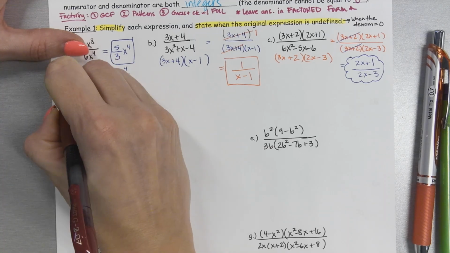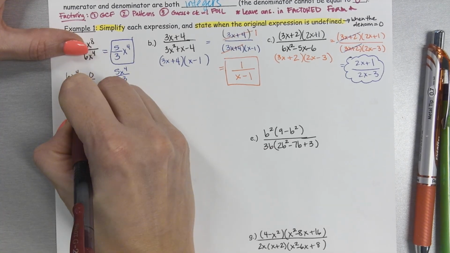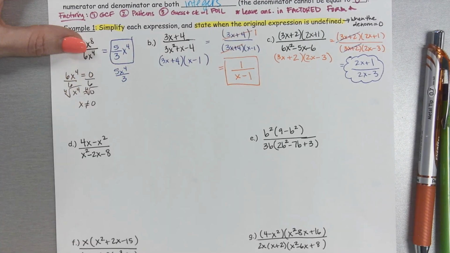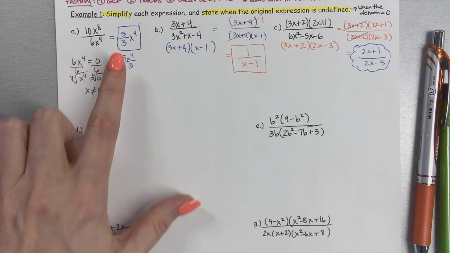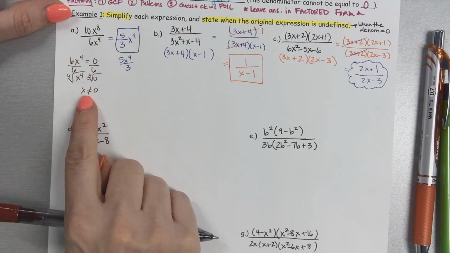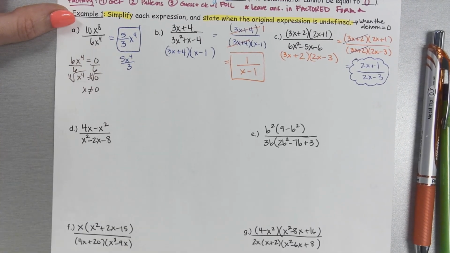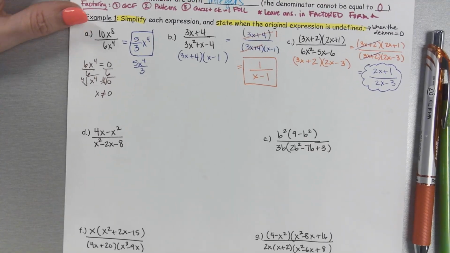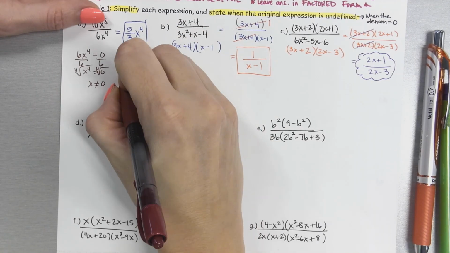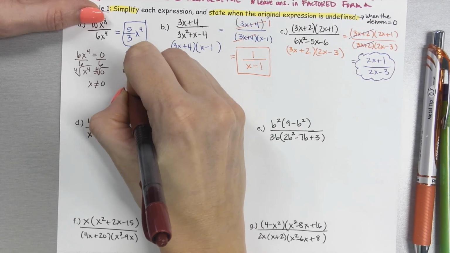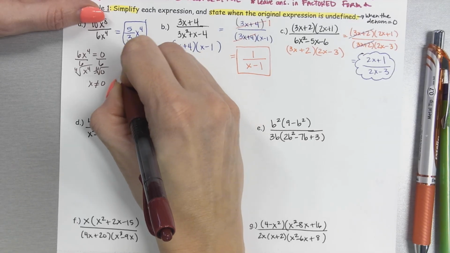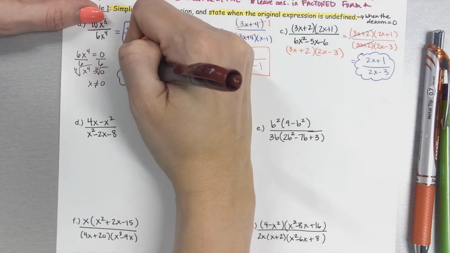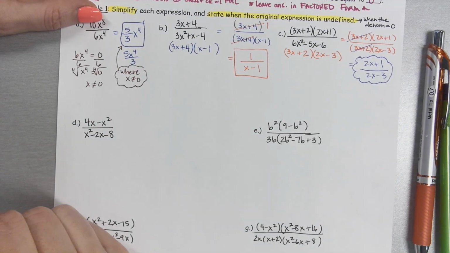If you have x to the 4th, we take the 4th root. So then the denominator cannot be 0. That would make that a 0. So all we have to say is x cannot be 0. That would go with your solution.